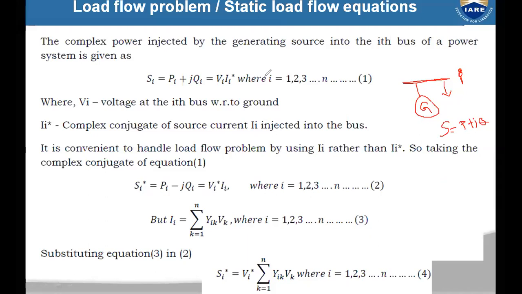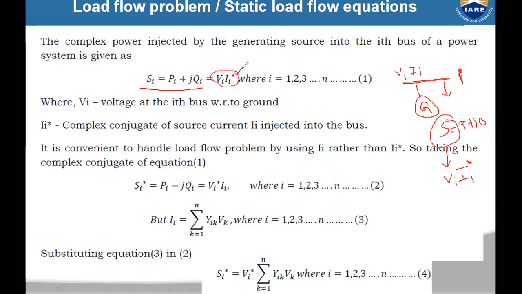In another form, if the voltage at this bus is Vi and the current injected by the bus is Ii, then the complex apparent power S can be written as Vi into Ii conjugate.